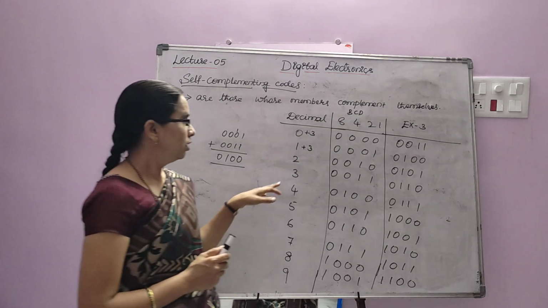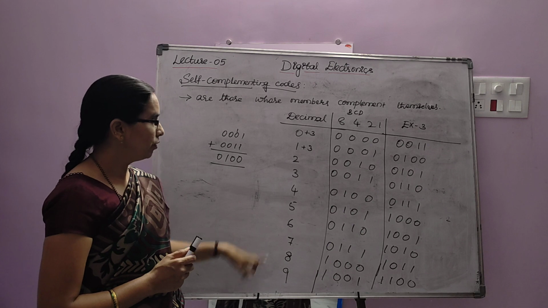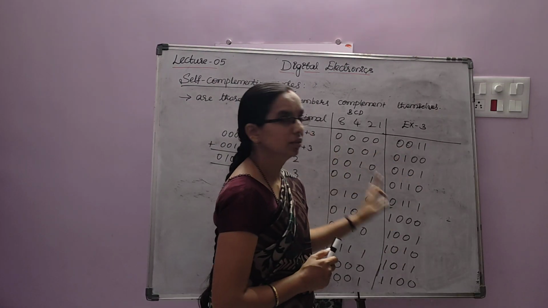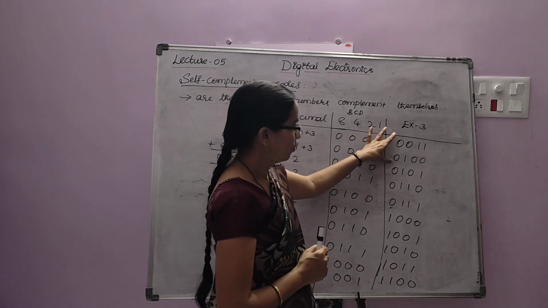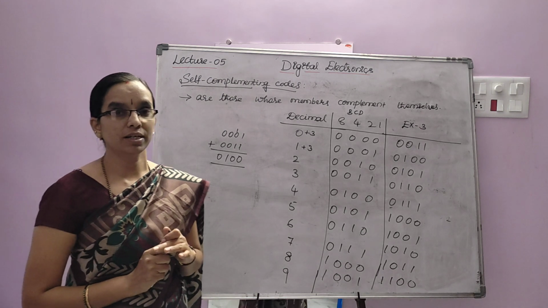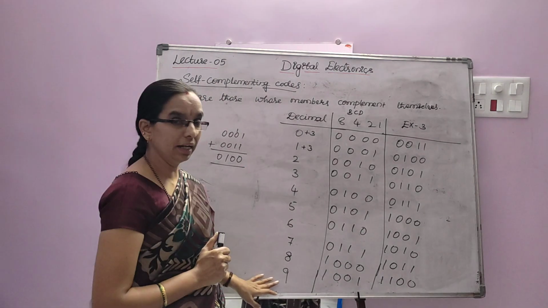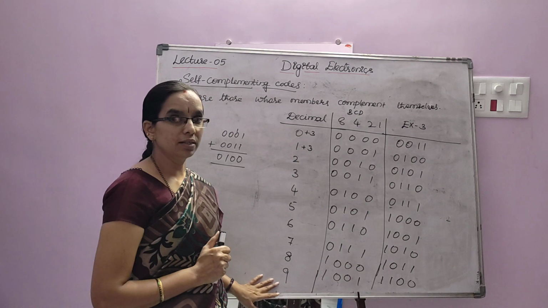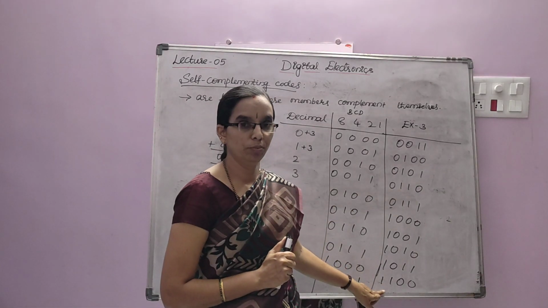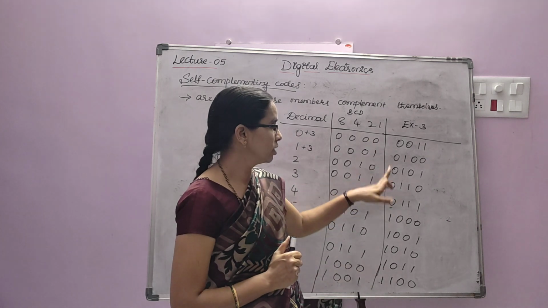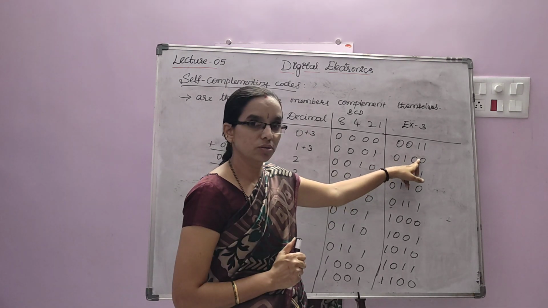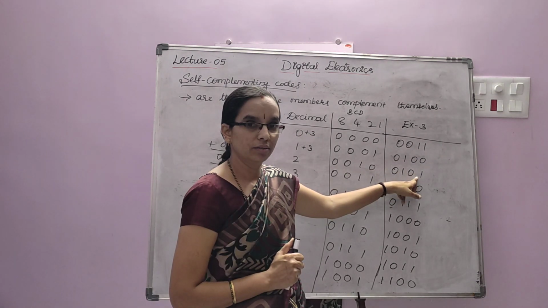Here, for each decimal digit, if I add 3 and write the binary equivalent of that under the excess-3 code, then you get the excess-3 code, which represents the decimal digits 0 to 9 using these 10 combinations. For decimal 0 it is 0011. Decimal 1, 0100. Decimal 2, 0101.